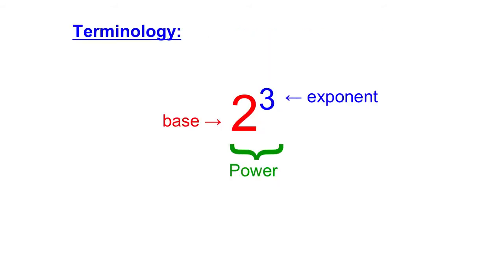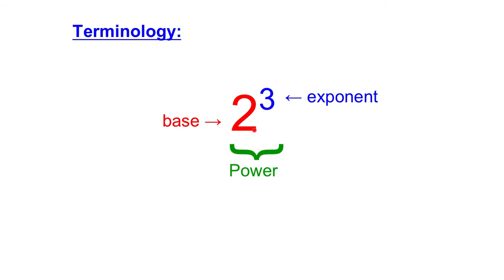First, I just want to start off with some terminology. A lot of people get the words power and exponent confused, so I just want to remind you of what that is. So when you see something like this, we have 2 with an exponent of 3, that whole thing is called a power. This up here is the exponent.